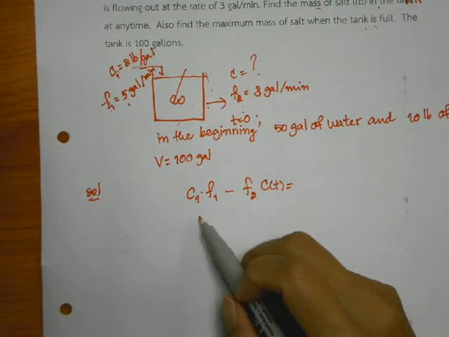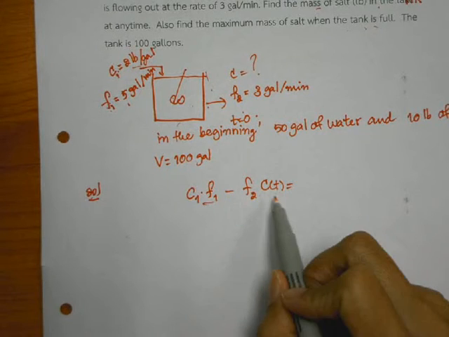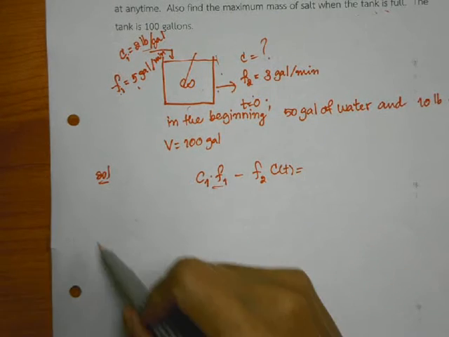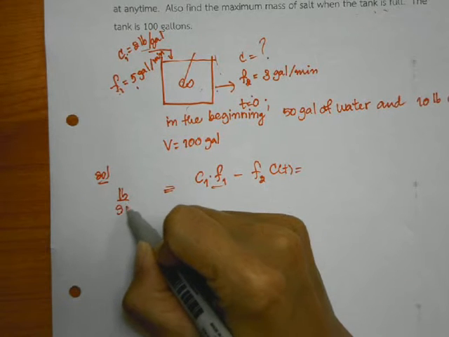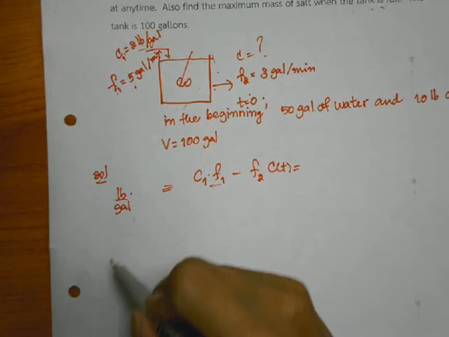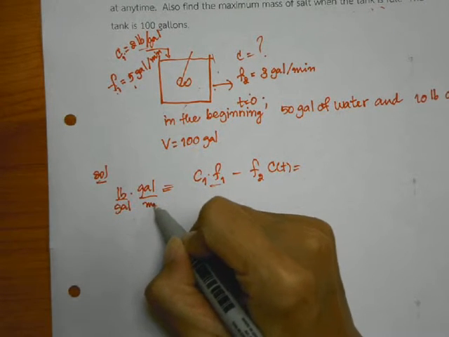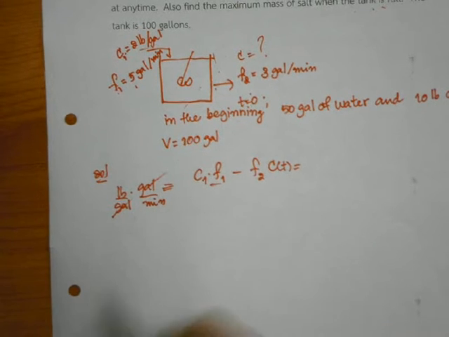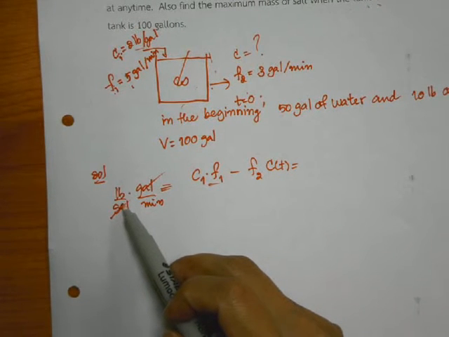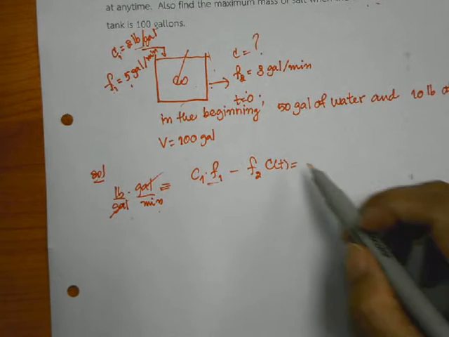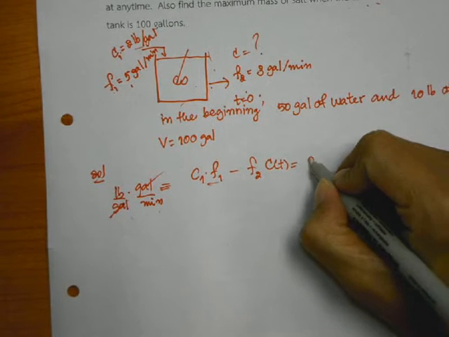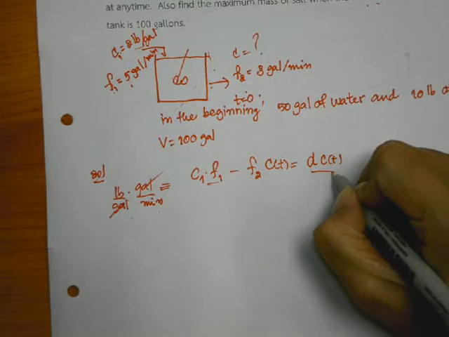Now, if you look at the units, C1 is pounds per gallon. F1 is gallons per minute. Now you get the unit of the mass balance, which is pounds per minute. For the accumulation, you got dm by dt.